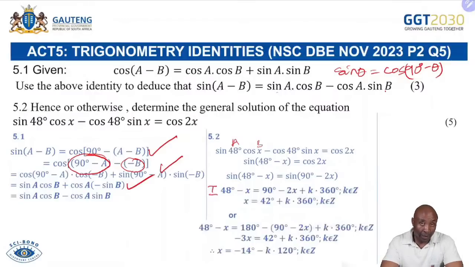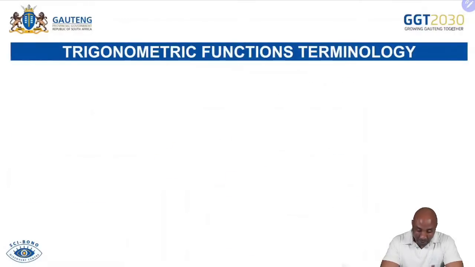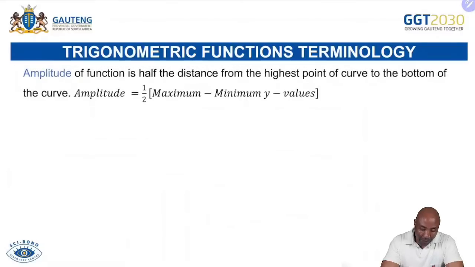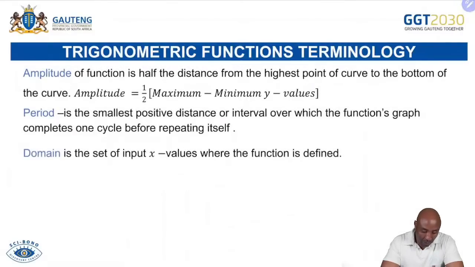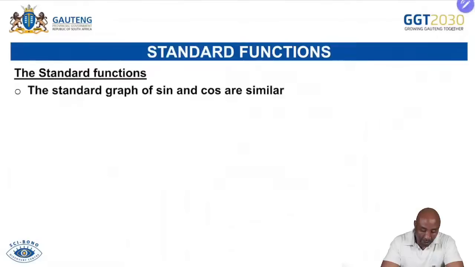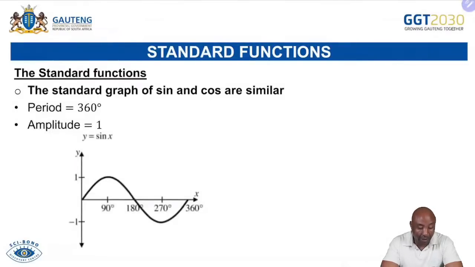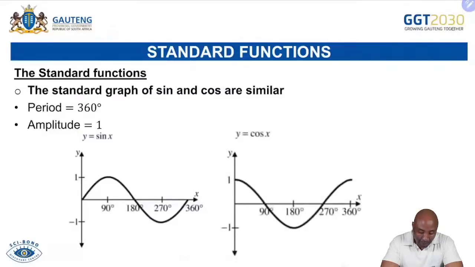Let us look at these concepts. Now, our trigonometric functions. Let's look at our amplitude, our period, our domain, our range, our standard graphs. We know the period for the sine and cos function is 360 degrees. Our amplitude is 1.